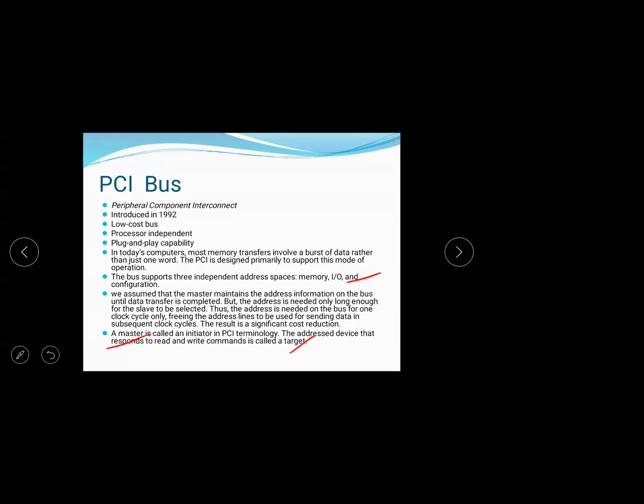These are the transfer signals: frame, address AD, device select.